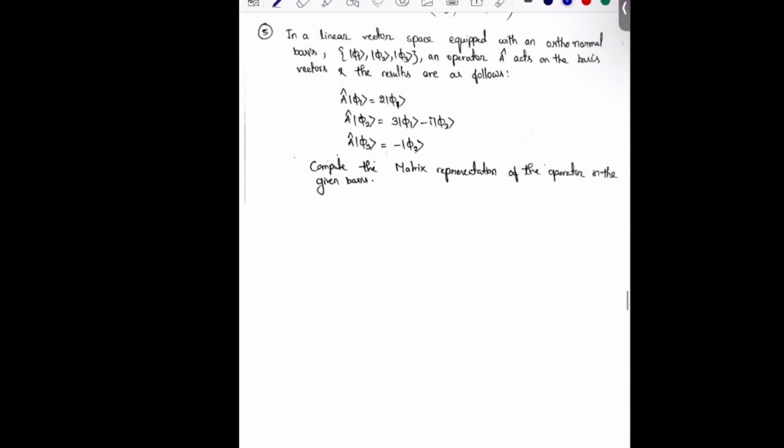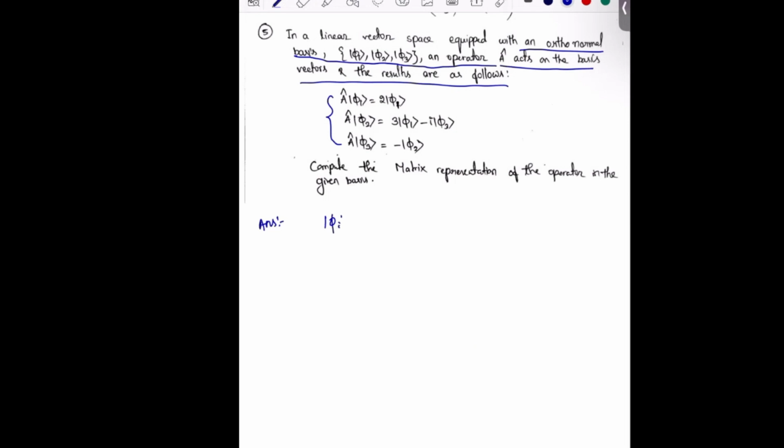Now next, move to the next one. So now it is asking, in a linear vector space equipped with an orthonormal basis phi 1, phi 2, phi 3, an operator A acts on this basis vector and the results are given. So what is given to us?